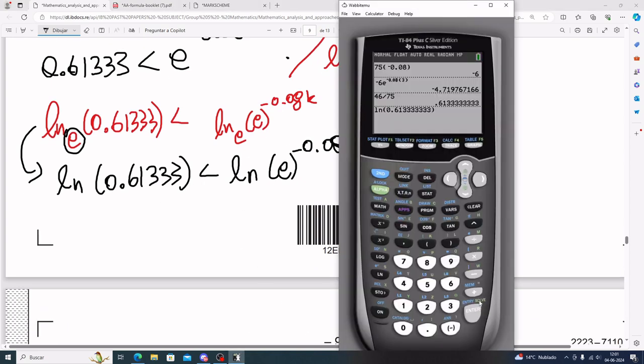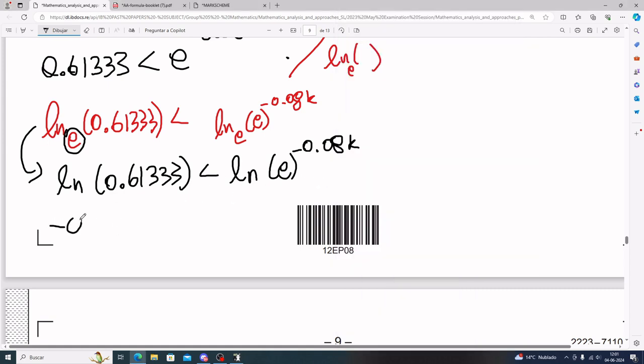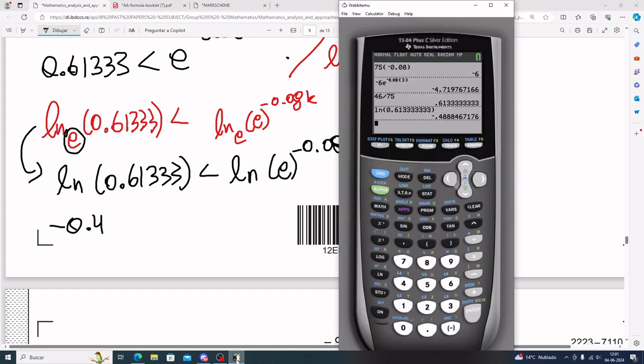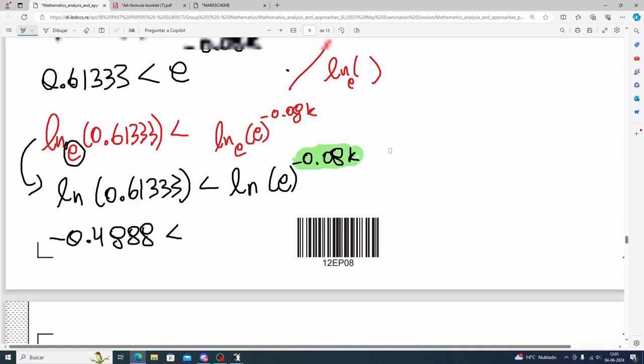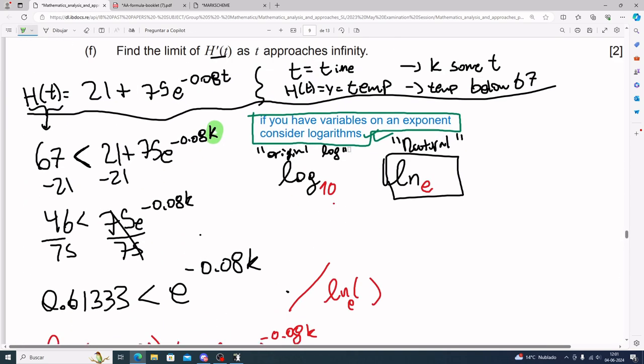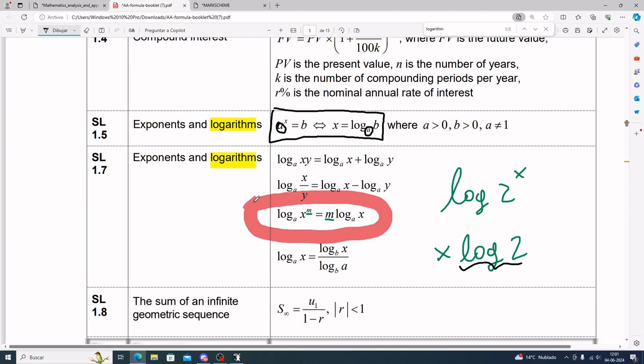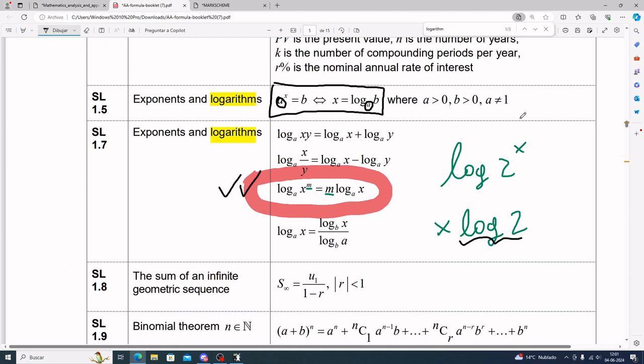Anyways, so if you plug in that thing on the left, you end up with that number, which yes looks nasty, but let's trust the process. So you end up with negative 0.48, basically just 888, see? Is less than, and here we can apply the famous log property of getting rid of the exponent, which is why we were doing this in the first place. And so we're applying this property here, which means that the exponent is going to go down in front.